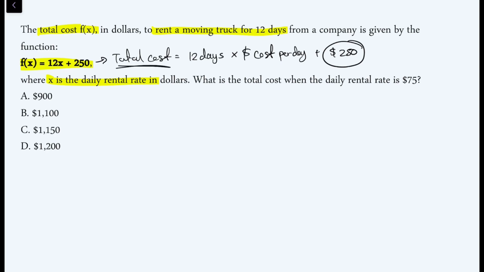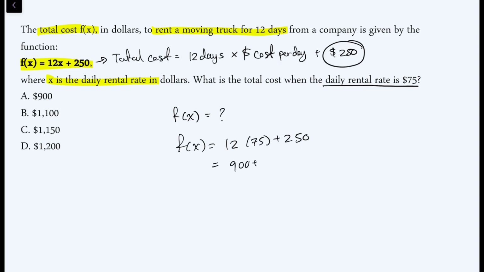So what is the total cost when the daily rental rate is $75? Okay, cool. Well, if x is the daily rental rate, then f of x is total cost, and we need to figure out what that is. So f of x is equal to 12 times 75 plus 250. 12 times 75 is 900, plus 250 is equal to $1,150.